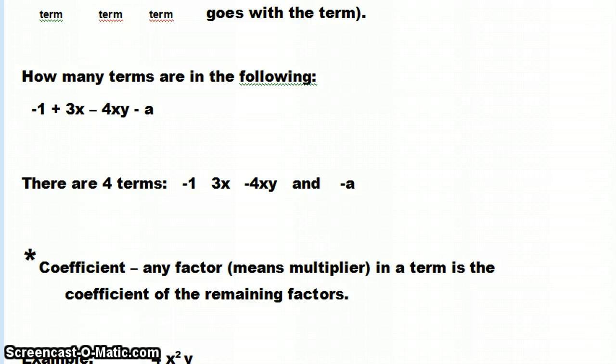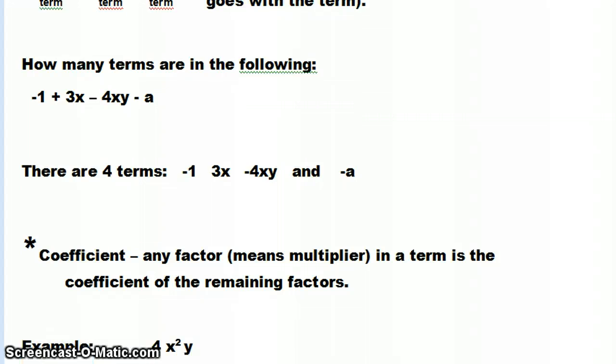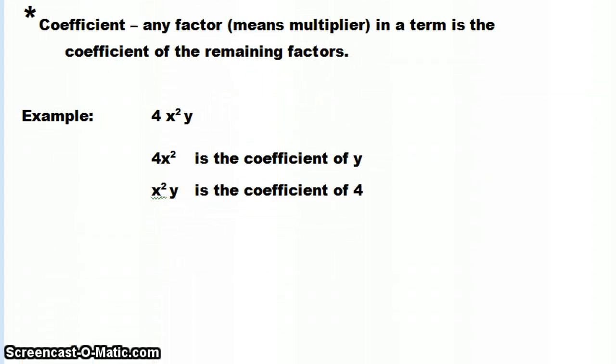What a coefficient means is any factor, which is a multiplier in a term, is the coefficient of the remaining terms. So if we have the term 4x to the second y, the coefficient of y means everything that it's multiplied by except for the y, which is 4x to the second. The coefficient of 4 would be everything except for the 4, which is x to the second y.